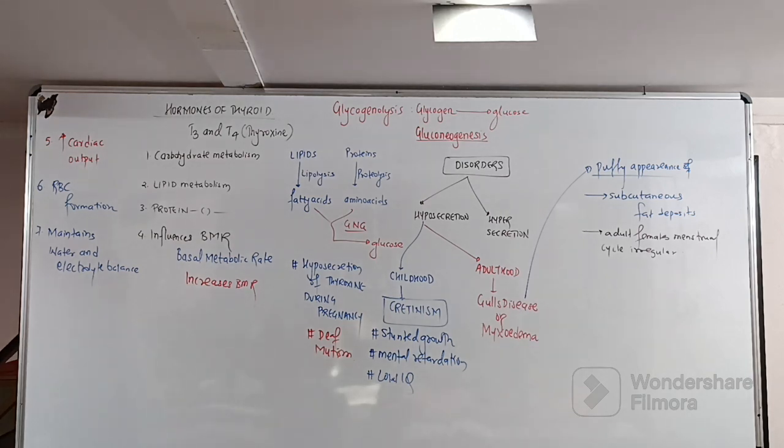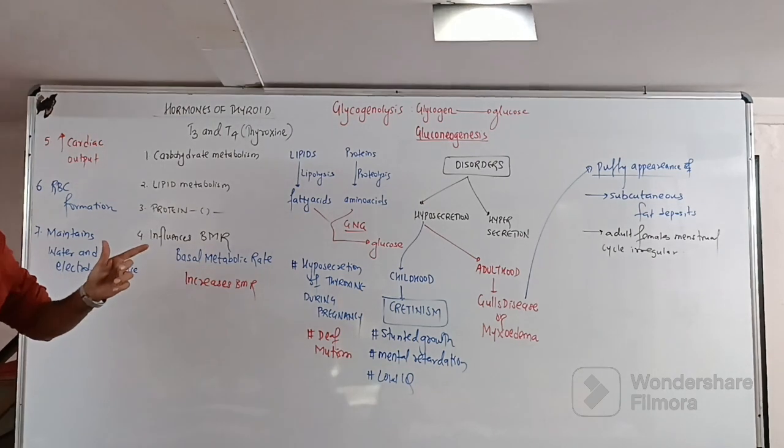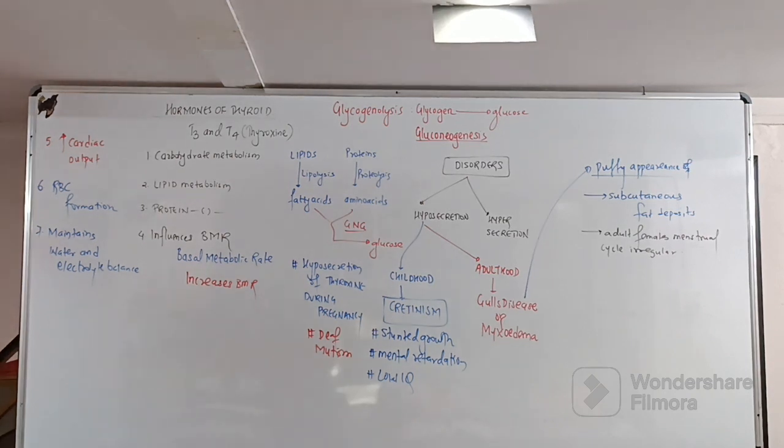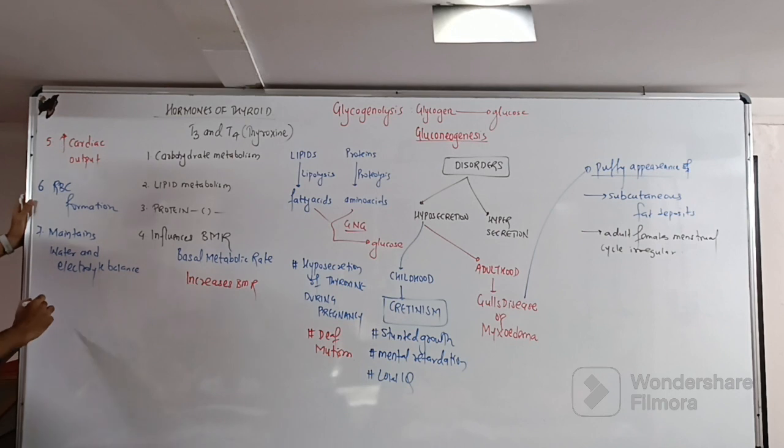So along with FSH and LH, which other hormone also helps in gonadal development? बच्चों, thyroxine. So that is why hyposecretion in a female can result into irregular menstrual cycle.